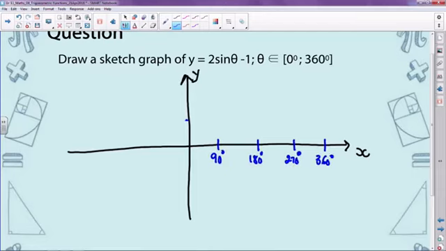Okay? This is 1, and then you've got minus 1. There's 2, and then there's minus 2. All right. Your normal graph of sine, 0 and 0, 90 and 1, 180 and 0, 270 and minus 1, and then you've got, let's change these points. No, sorry.